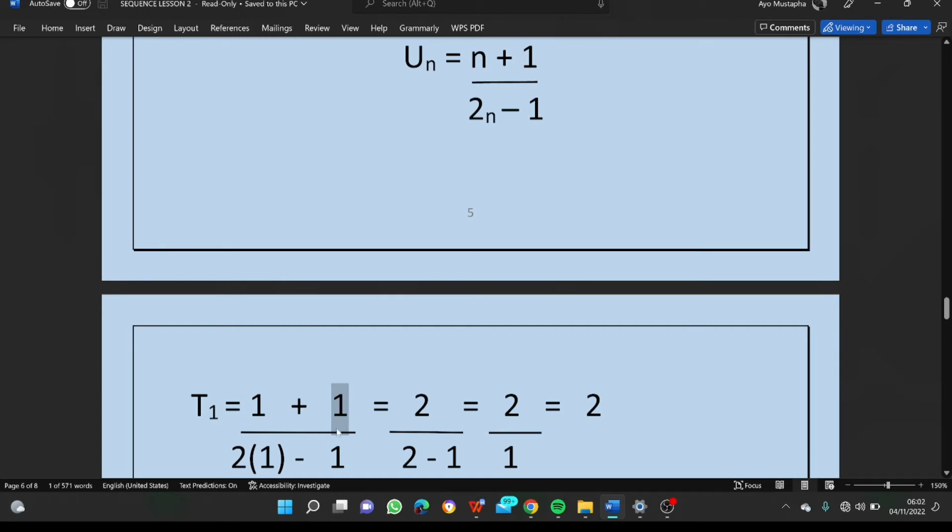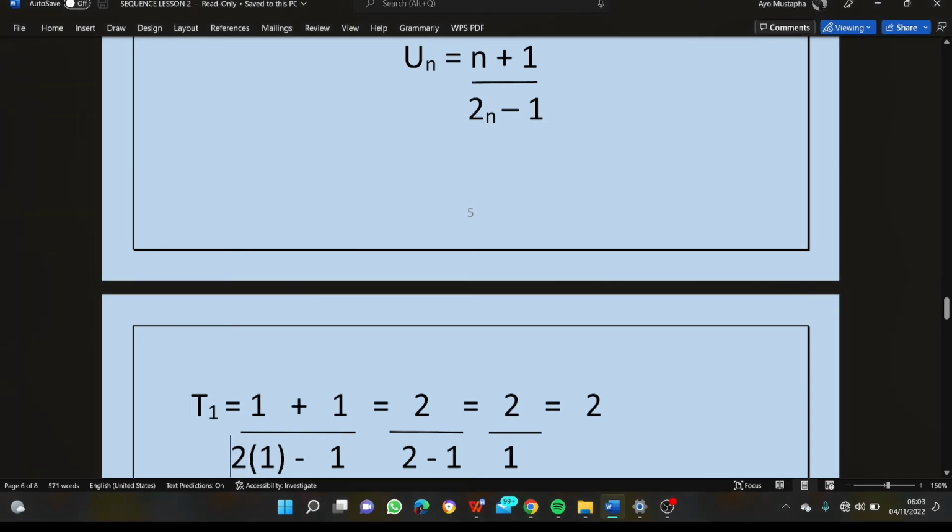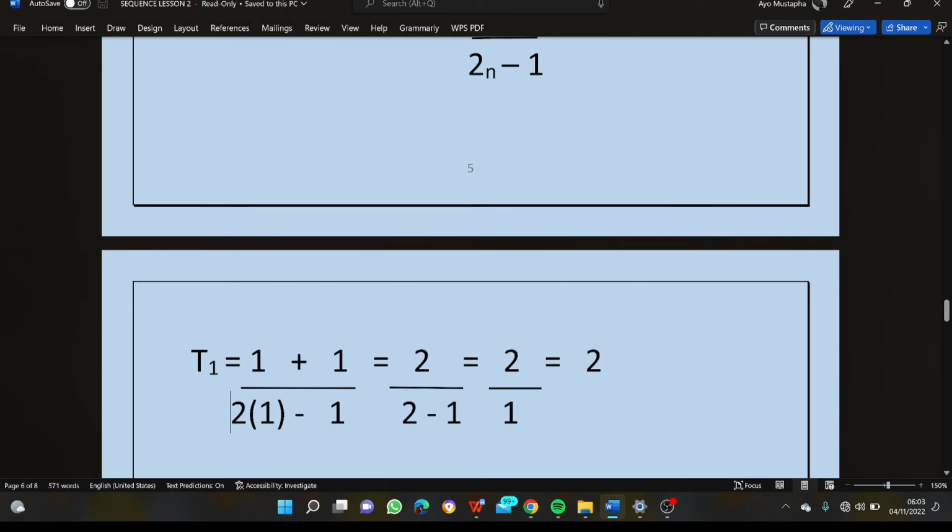Then we have our 2n. Let's not forget that we are looking for the first term. We have our 1 here. Then the formula says 2. We have minus 1. We have equals 1 plus 1 equals 2. Then in the bracket, that's 2 multiplied by 1, which is 2, minus 1, which is 2 over 1 equals 2.